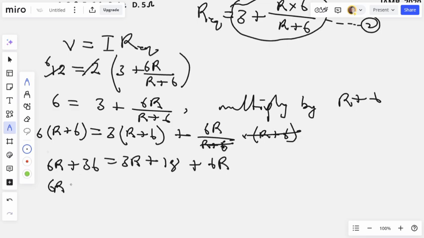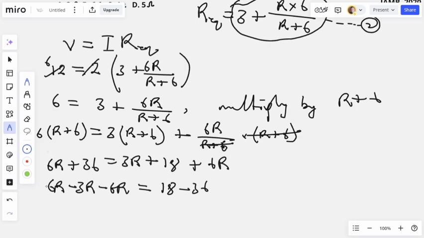When it jumps, the equality sign becomes minus 3R. You pick this other one, when it jumps, it becomes minus 6R, equals what we have here is plus 18. There's no other constant term here. The constant term here is plus 36. If you move it to the right hand side, it becomes minus 36.